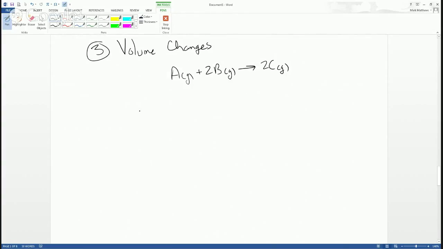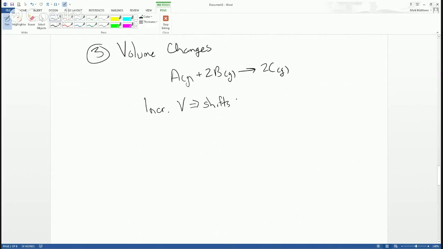Basically, the way changes in volume work is that when you increase the volume, the shift is going to occur in whatever direction will increase the amount of gas.